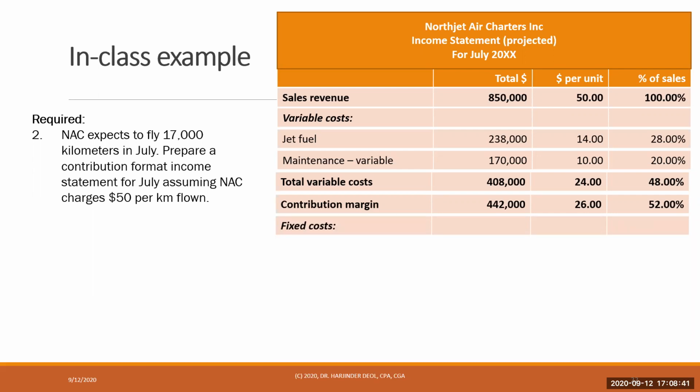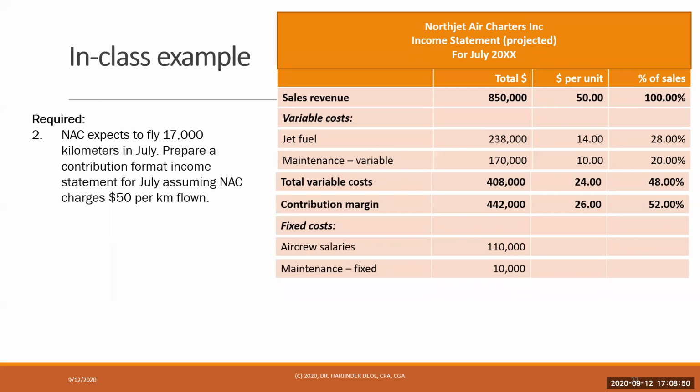Next, you look at the fixed costs. And fixed costs, again, we've got two portions. We have the aircrew salaries, $110,000, and the fixed portion of maintenance, which is $10,000. Added up, we get total fixed costs, $120,000. Subtract these total fixed costs from contribution margin.